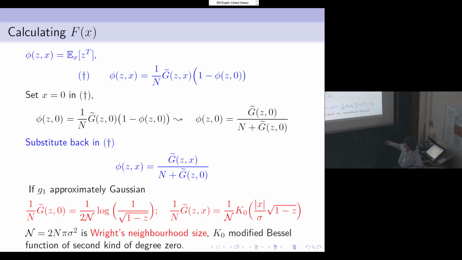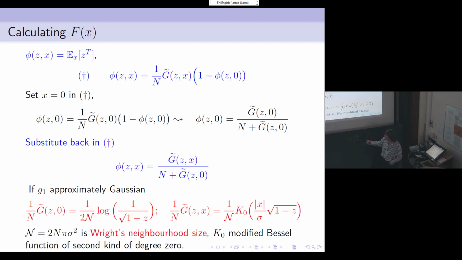These are approximate because I've replaced my discrete Gaussian by a continuous Gaussian, so I've replaced my discrete dispersal by a continuous dispersal. But if you're willing to accept that, then you can solve exactly, and we get a modified Bessel function of the second kind of degree 0. Can't beat it. And this script n is what's known as Wright's neighborhood size, twice n pi sigma squared, and it's an absolutely crucial quantity. Sorry, it'll appear on the next slide.